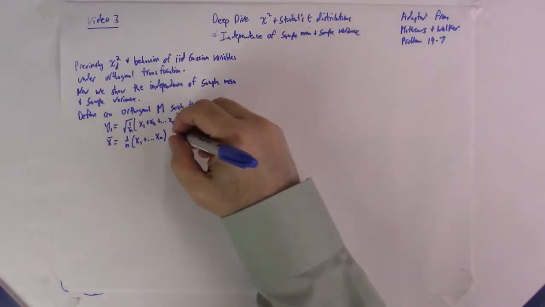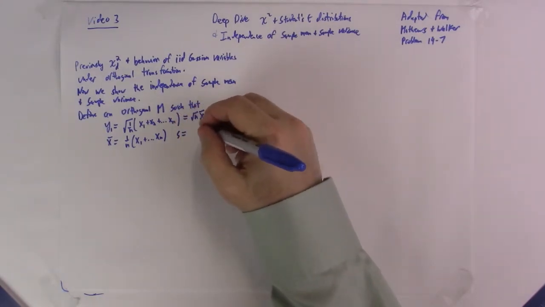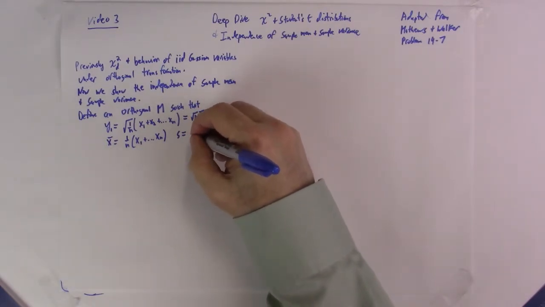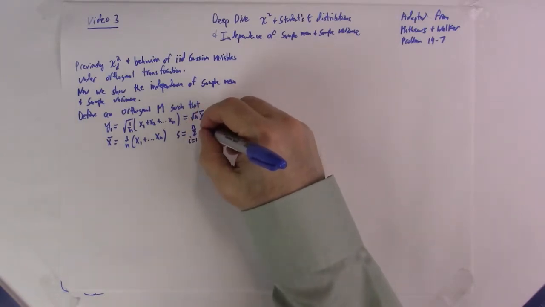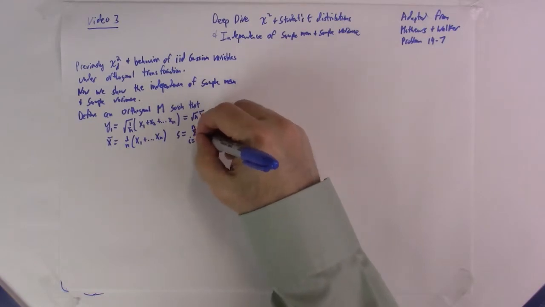And I'm also going to define a sample variance. I'm going to leave out the 1 over n minus 1 factor. It's not important for what we're doing in this video. I'm just going to define it as the sum of the squares of the differences between the sample mean and the variables.